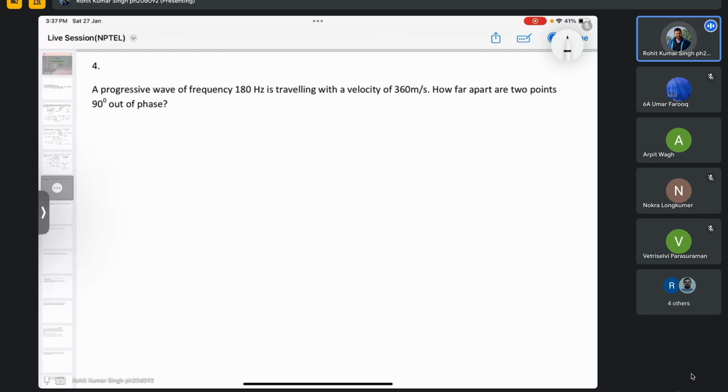Okay, let me tell you. Just now I wrote the equation for SHM, which was this. Here there is a periodic motion with respect to time, of any particle.